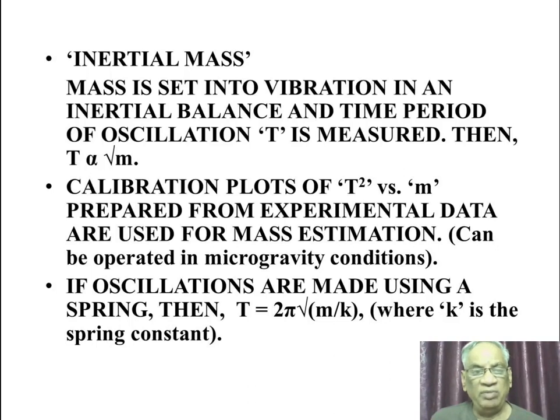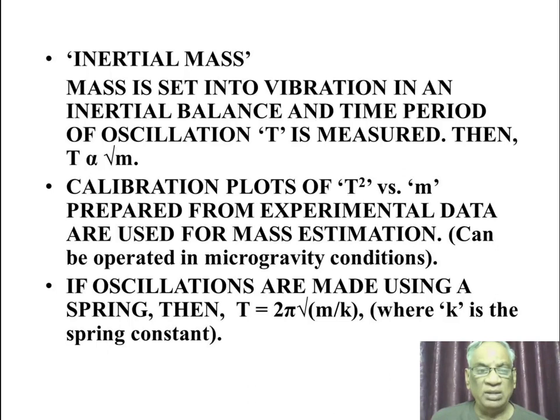There is another method of measuring mass called inertial mass, and this mass is independent of gravity, which means it can be used even in microgravity conditions, like in space stations where there is no gravitational force. Here the mass is set into vibration, and the time period of oscillation, that is the time taken for one oscillation, is measured.